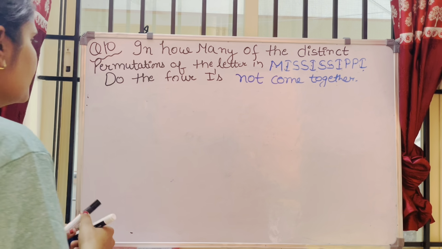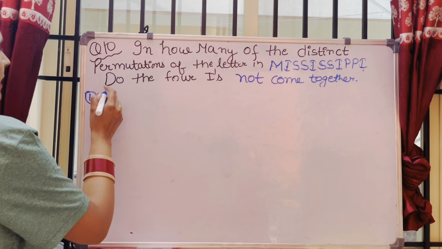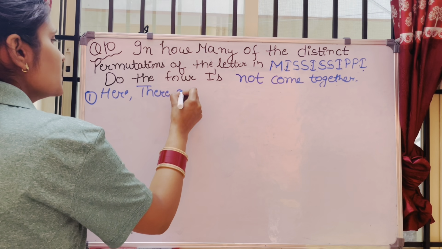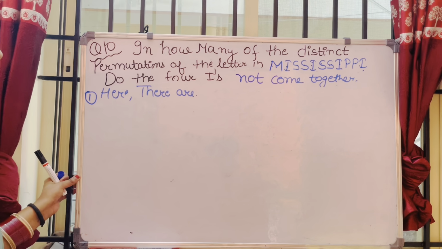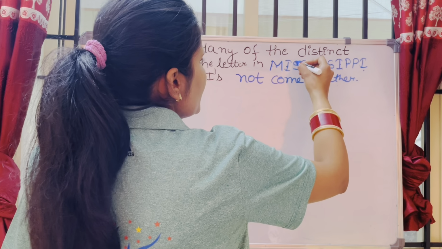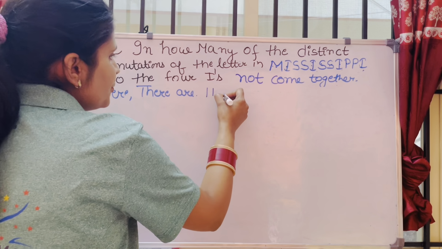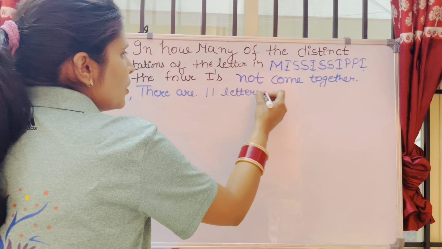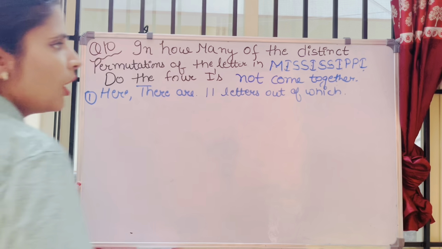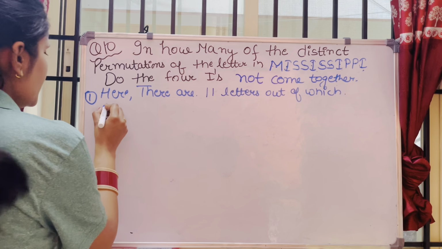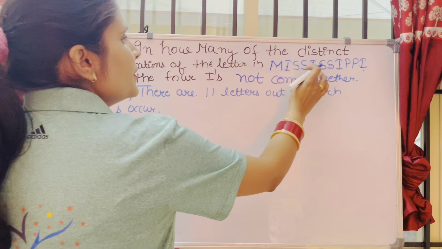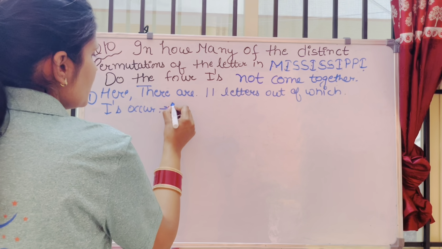This will be the process of this question. So let's get started. First, how many total letters are there in this word? 1, 2, 3, 4, 5, 6, 7, 8, 9, 10, 11. So there are 11 letters, out of which I occurs 4 times.